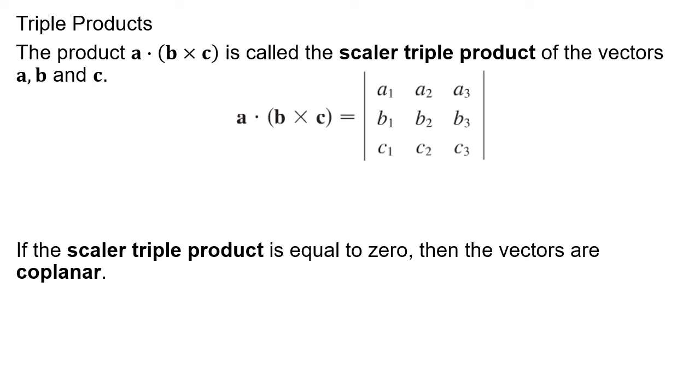But if you're not doing the volume and you're just doing a 3x3 matrix of 3 different vectors, you end up with a scalar triple product. So instead of an ijk across the top, we could do all 3 vectors in there at once. And if the triple product is equal to 0, then the vectors are called coplanar.